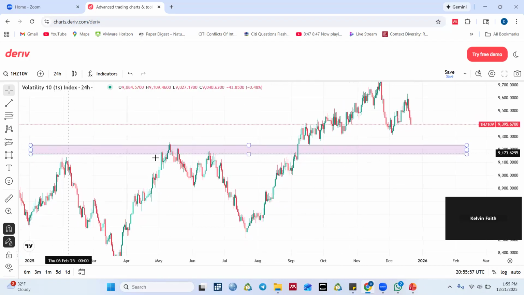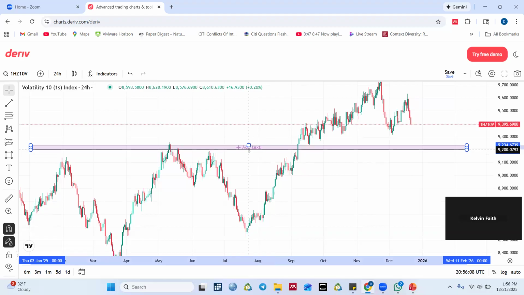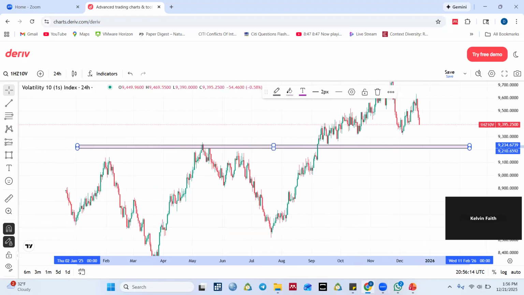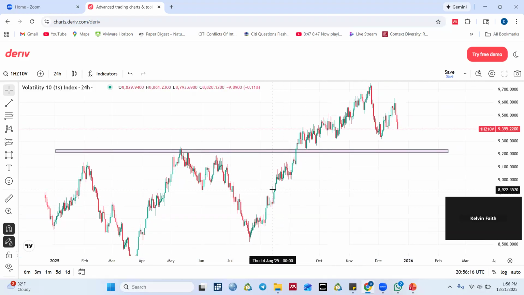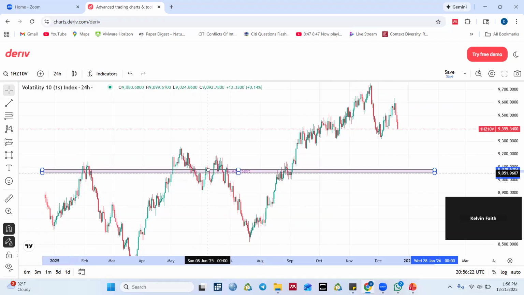This becomes the key level. But we want to refine it to become as small as possible. So I could pull it up a little bit because I'm looking for PSR. And what is PSR? PSR is the point that the market used as both support and resistance.